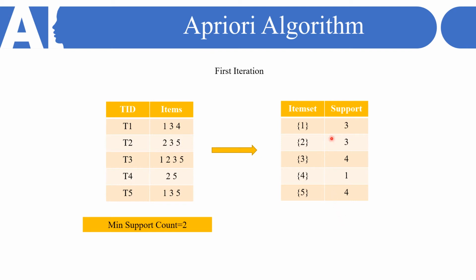Now out of all these support values, the minimum support count is given as 2 here. In this case, for item set 4 the value of support is 1 only. So it is less than 2, and that's why we will have to discard this. So this is shown here.